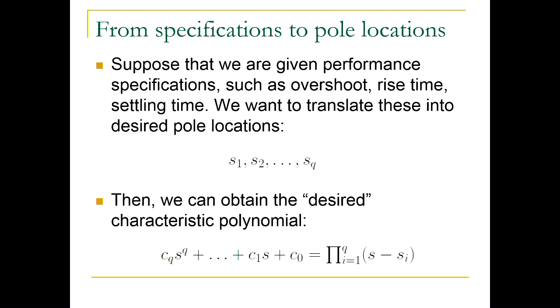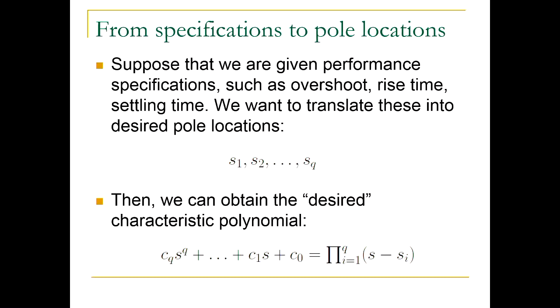So suppose we are given specifications, and we want to translate these into desired pole locations. The question is, what should be the set of closed loop poles? Obviously, this is equivalent to choosing the desired characteristic polynomial, right? If I just multiply all these factors, s minus s_i, where s_i are the poles, I multiply them out, and I will get my desired characteristic polynomial.